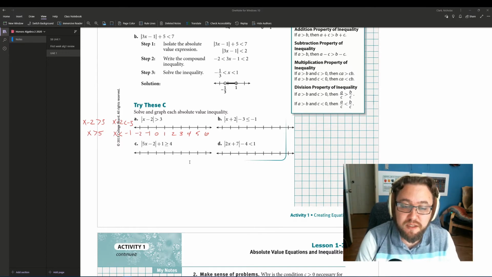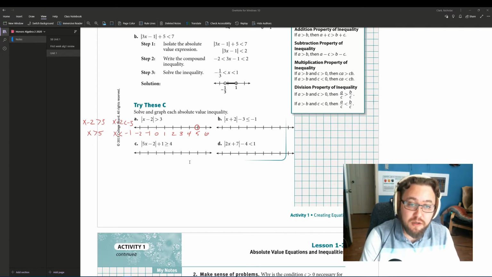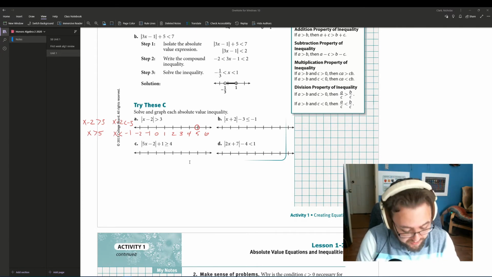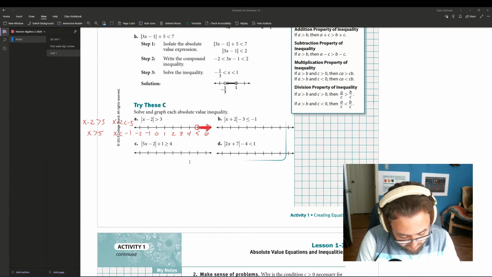We can notice that this does not have an equal to, so we can have open circles here. So I'm going to put an open circle on 5, and this says X is greater than 5, so we're going to shade to the right. And the other one is negative 1, and it says that X is less than negative 1, so we're going to shade to the left.